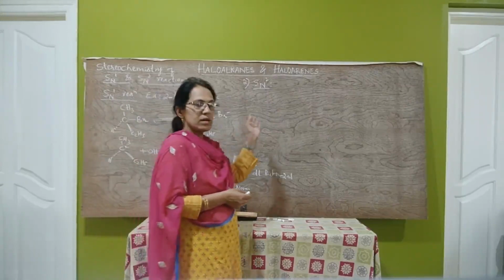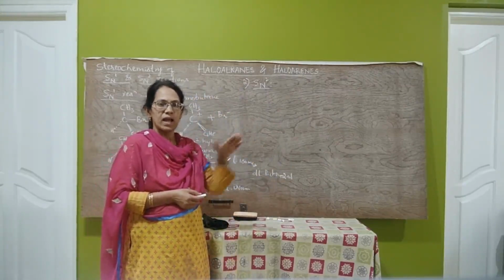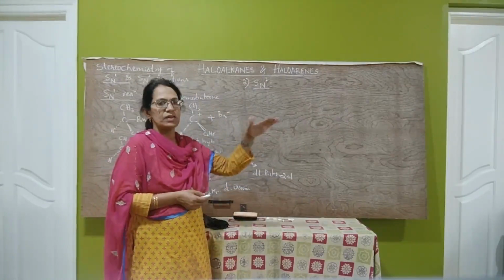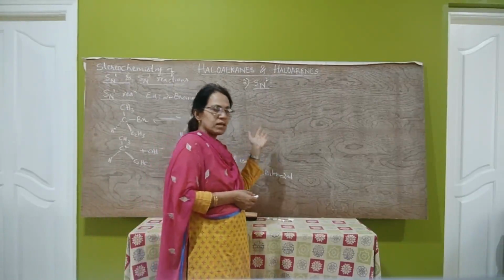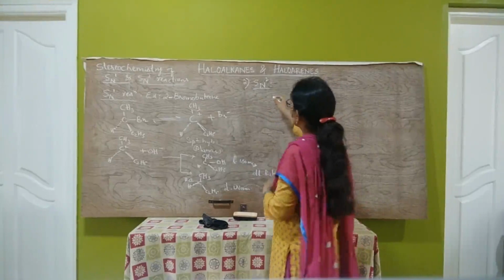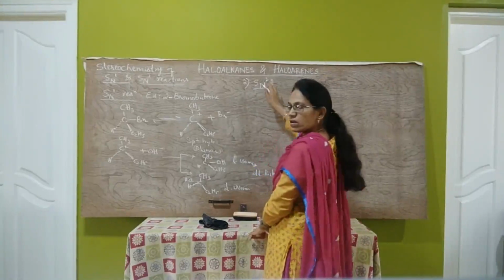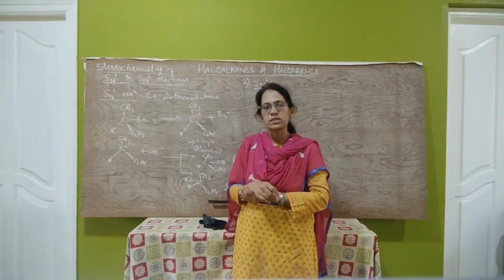This is because during the SN2 reaction, the nucleophile can attack only from the side opposite to the halogen atom. It cannot attack from the front side. That is because the reaction takes place in only one step. Here, the nucleophile can attack only from the back side, from the opposite side.